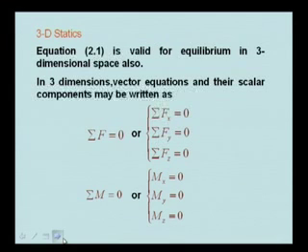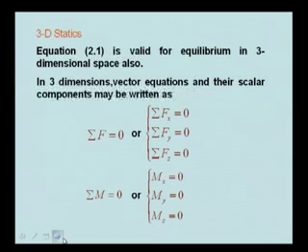Now we have given some simple examples based on 2-dimensional statics. Now let us discuss something about 3D statics. Equation 2.1 is valid for equilibrium in 3-dimensional space also, meaning there also basically sigma F must be equal to 0, sigma M equal to 0. In 3 dimensions, vector equations and their scalar components may be written as sigma F equal to 0, or sigma Fx equal to 0, sigma Fy equal to 0, sigma Fz equal to 0.